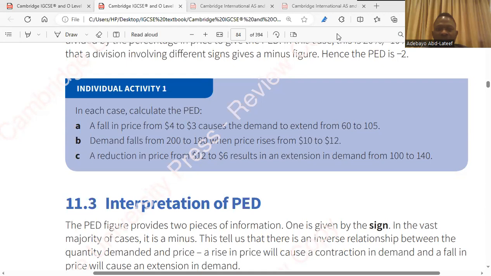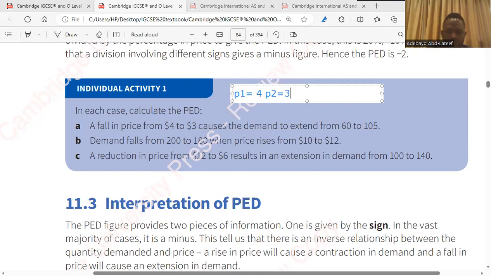A fall in price from 4 to 3 causes the demand to extend from 60 to 105. So we have our P1 equals 4, and our P2 equals 3.